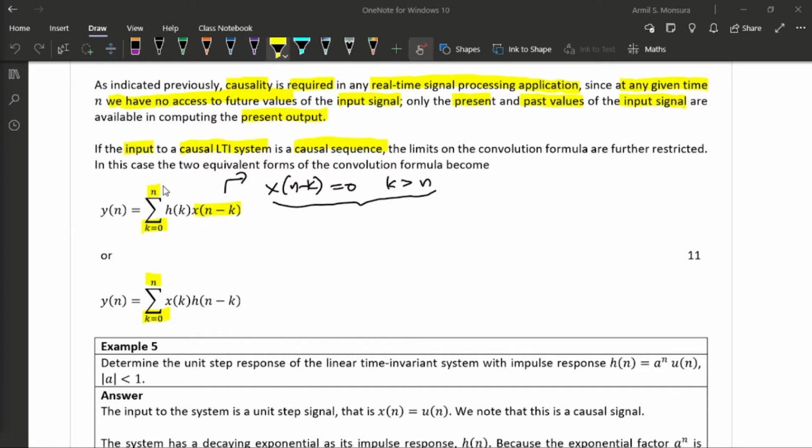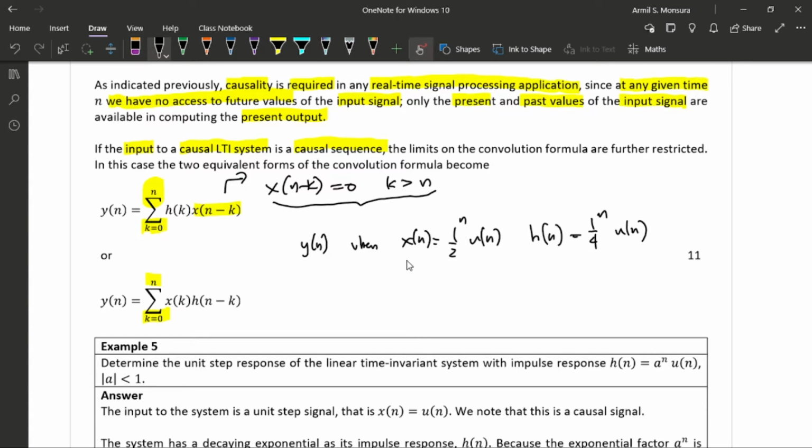So therefore we can set the limits from k equals 0 up to n. You can actually verify this with example 3 also of lesson 3.1, wherein we have evaluated the output sequence y[n] when your x[n] is something like (1/2) raised to n u[n], and h[n] is (1/4) raised to n u[n], kung tama yung pagkakaalala ko ng problem na yun.